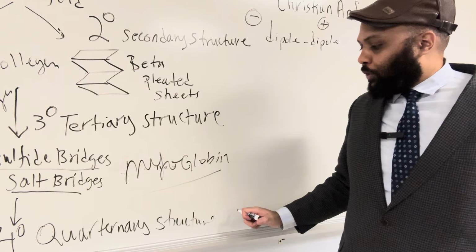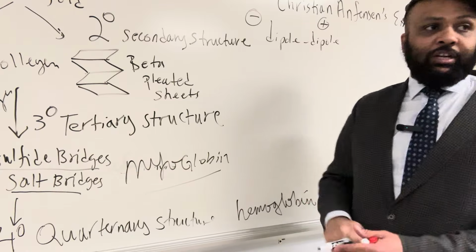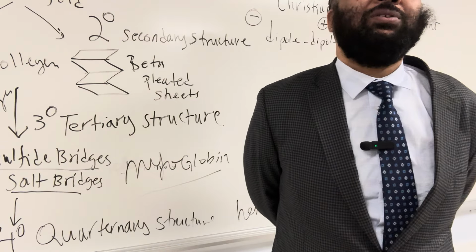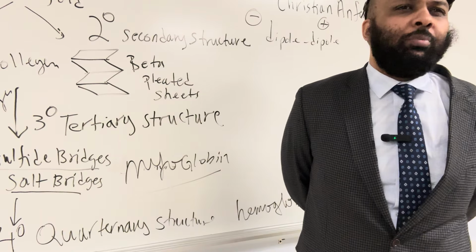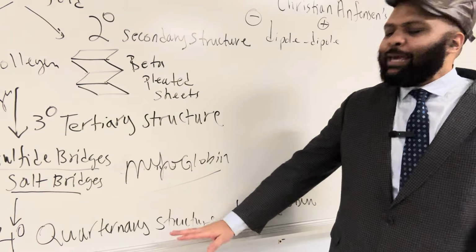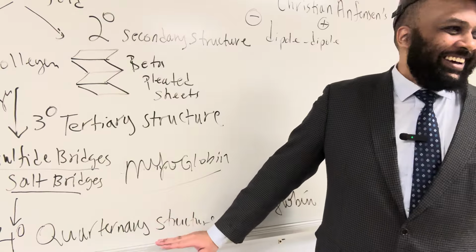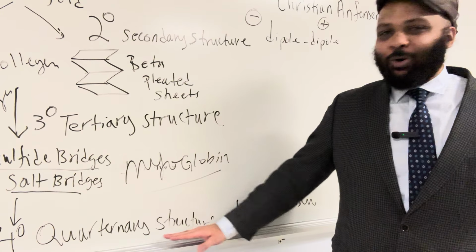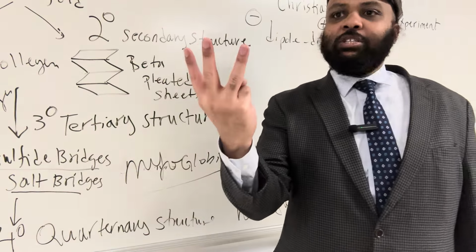And what's an example of a quaternary protein? Hemoglobin. Hemoglobin is quaternary structure. Myoglobin is tertiary structure.